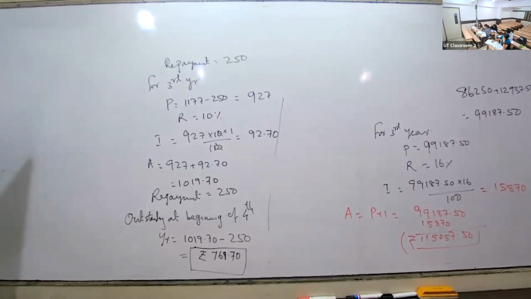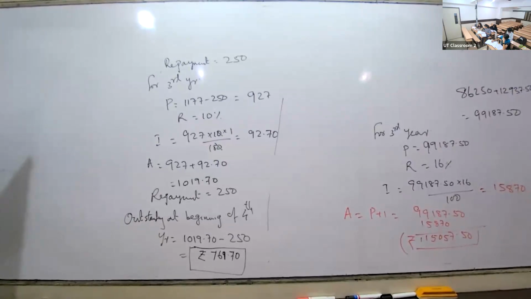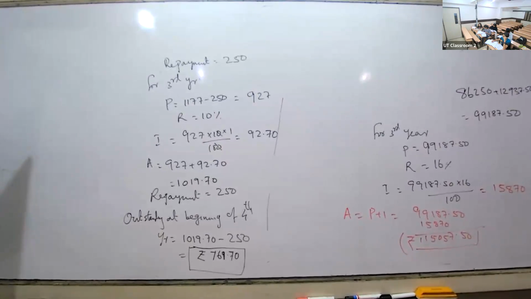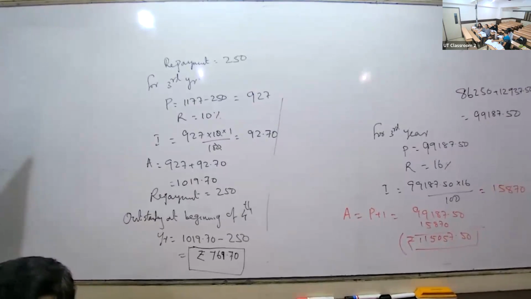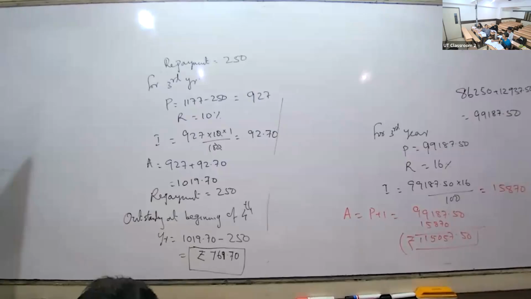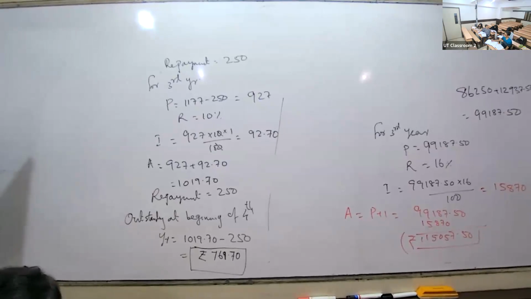So 189 into 5, that is 945. Done or not? Yes, sir.